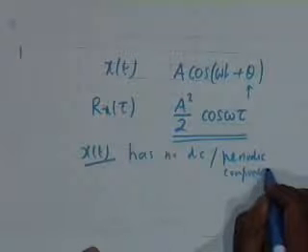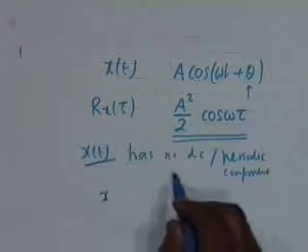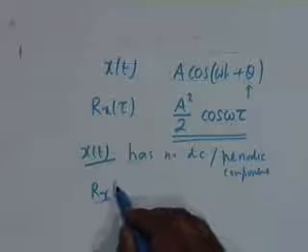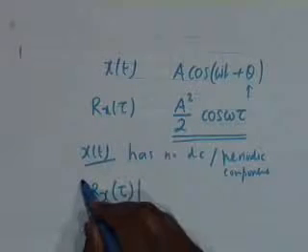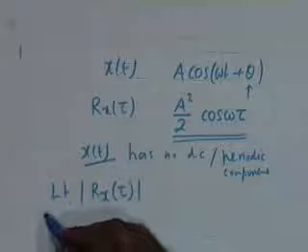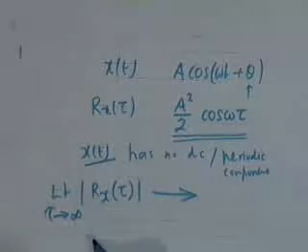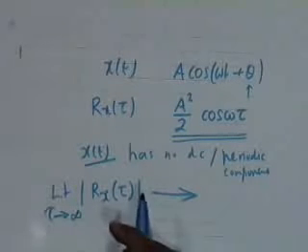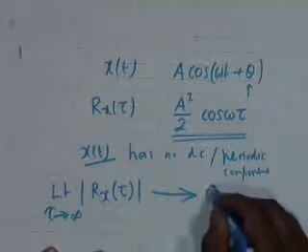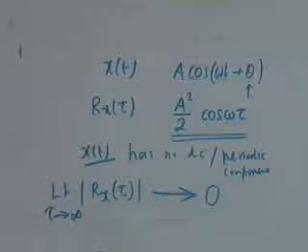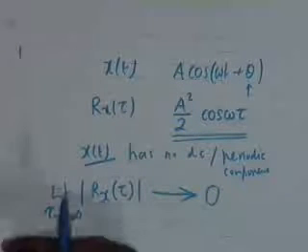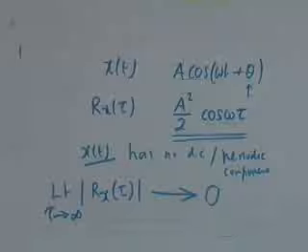then it is true that the limit of Rx of tau as tau tends to infinity goes to, what do you think it should go to? 0. Why? Because when tau is very large, there should be no correlation.